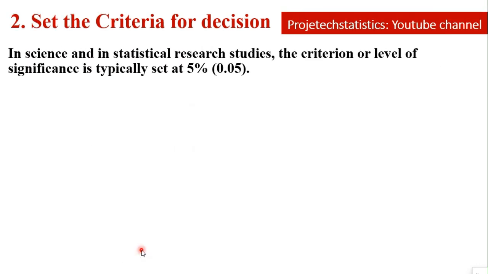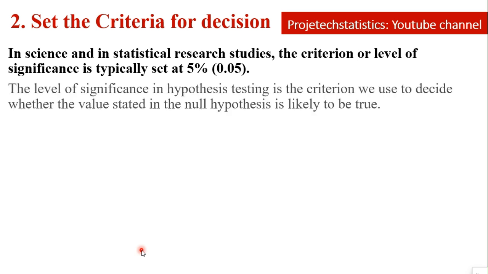In science and in statistical research, the level of significance has typically been set at 5%, or 0.05.